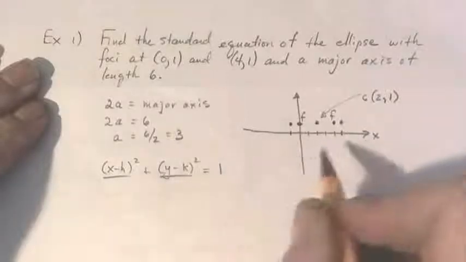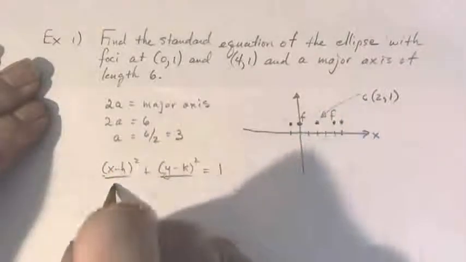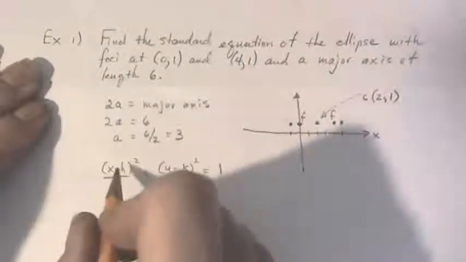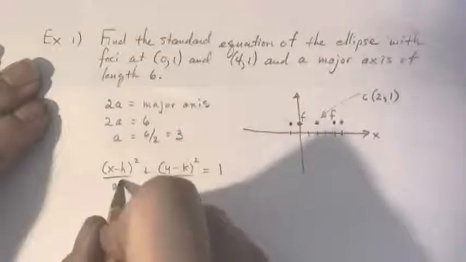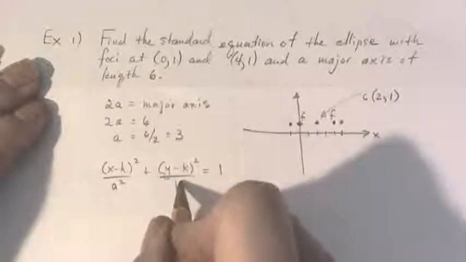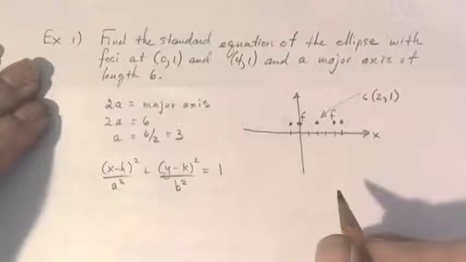They all line up. This is telling us that the a goes under the h because these all line up in this direction. So this would be a squared, this would be b squared.